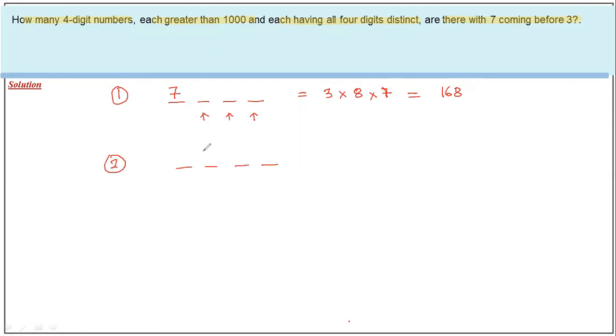Second, when 7 occupies the 100th place, so 3 can occupy any one of these 2 places. So that is equal to 2. Now the 1000 place, 0 cannot come here. So there will be 7 possibilities. And for the remaining 1 place, another 7 possibilities. So that is equal to 98.